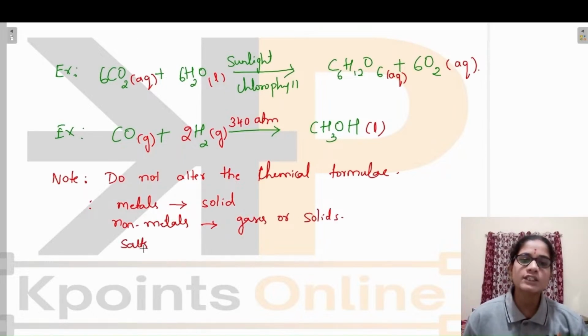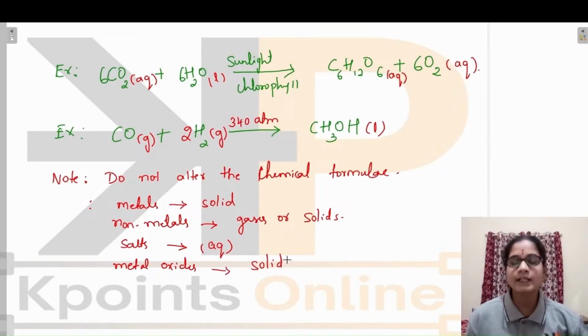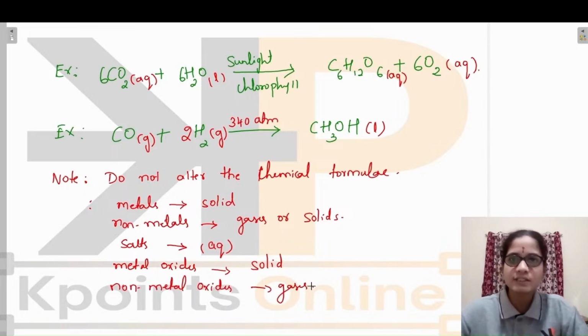And soluble salts can be indicated as aqueous, which are soluble in water. And oxides of metals, that is metal oxides, are usually solid, like magnesium oxide. Then non-metal oxides are usually gases.